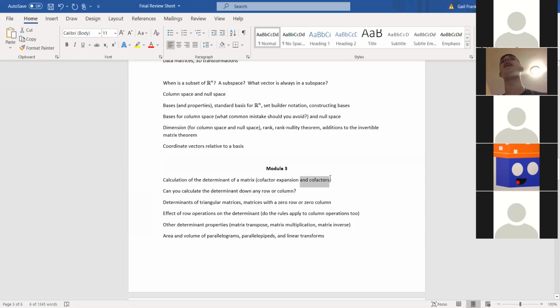And remember, a cofactor for an entry of a matrix: you look at that entry, you cross out the row and column that the entry is in, and all the remaining entries form their own matrix. And then for a cofactor, you also multiply by -1 to the power of m plus n.